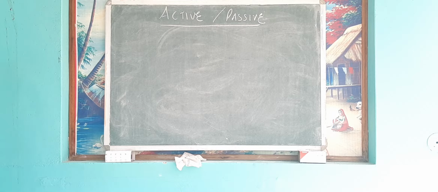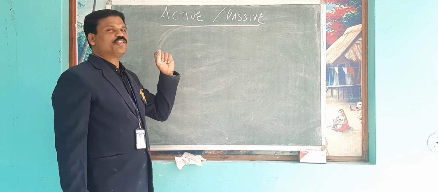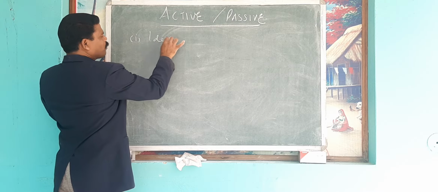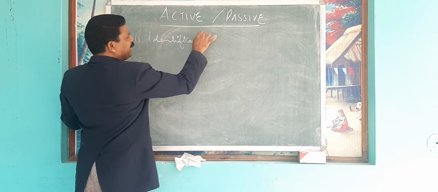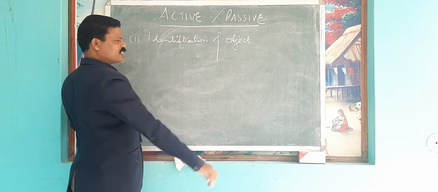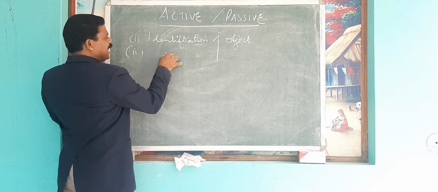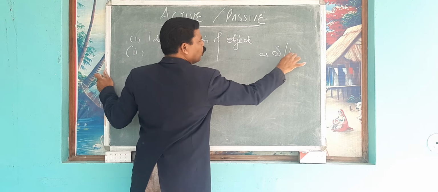Okay. We are learning an easy way to change active sentence into passive. Number 1, identification of object. Number 2, identification of objects as singular or plural.